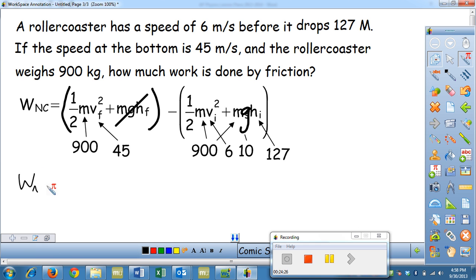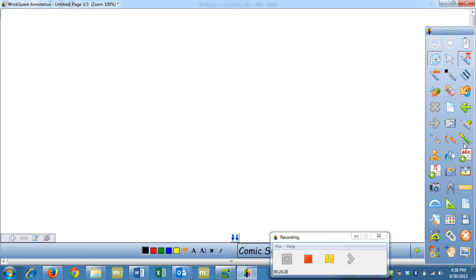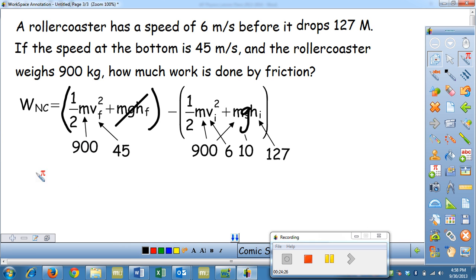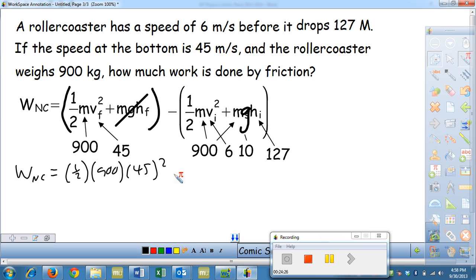Work due to non-conservative forces equals 1/2 times 900 times 45 squared minus 1/2 times 900 times 6 squared.